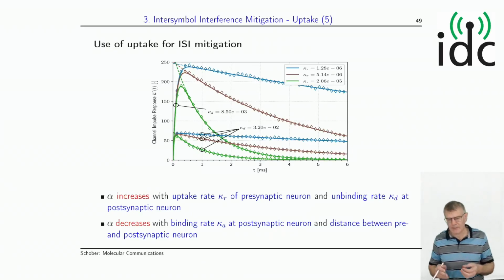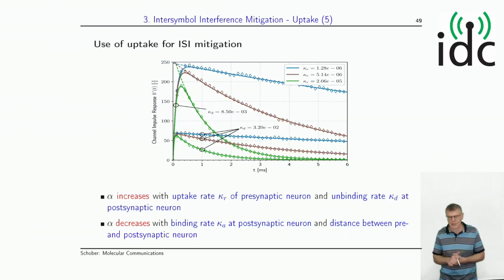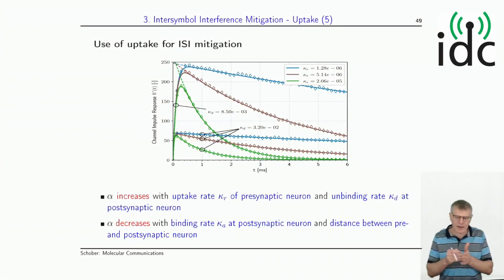So a binding rate means how easily they bind to a receptor at the postsynaptic neuron. And the distance between presynaptic and postsynaptic neuron plays a large role in how fast the impulse response decays, because the distance basically determines how likely it is for a signaling particle to hit the presynaptic neuron or also to hit the glial cells.